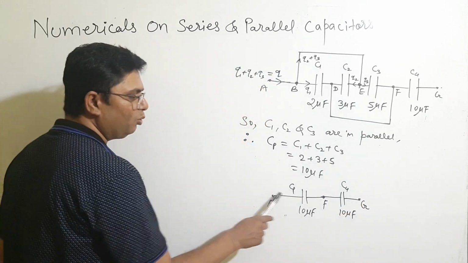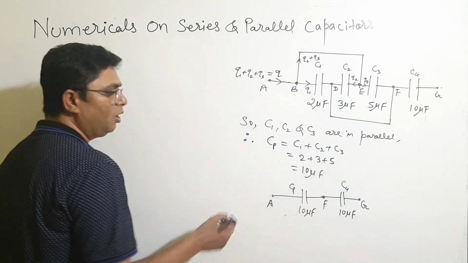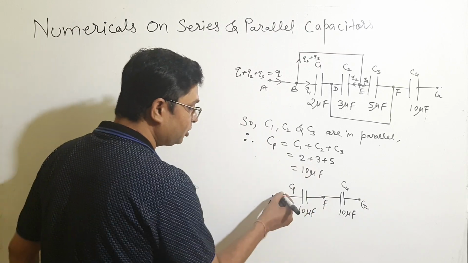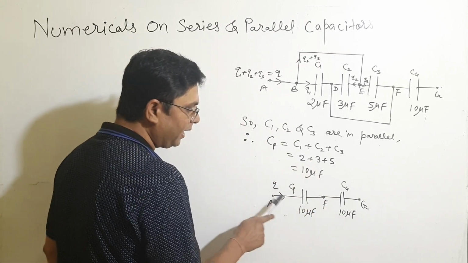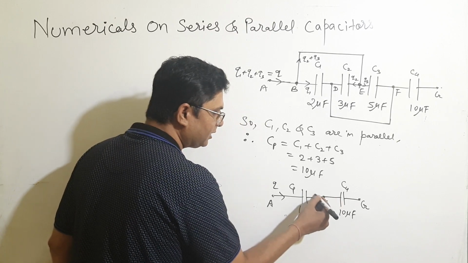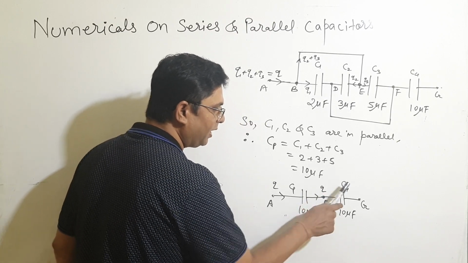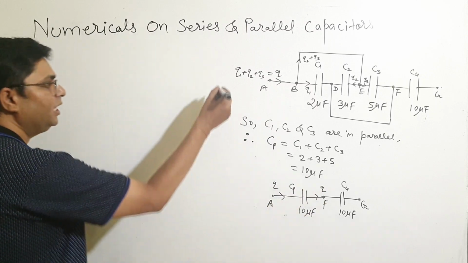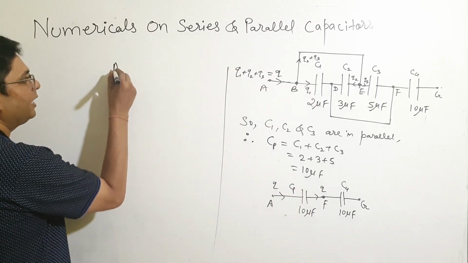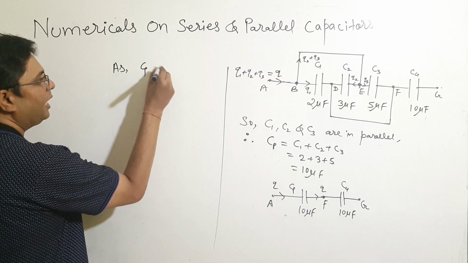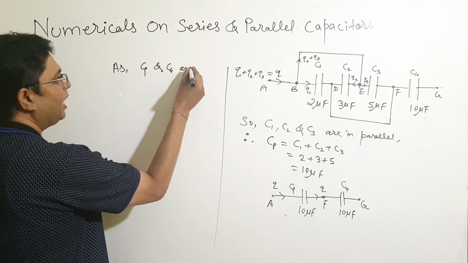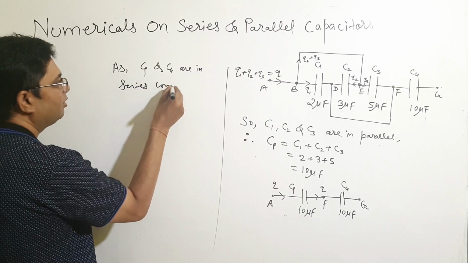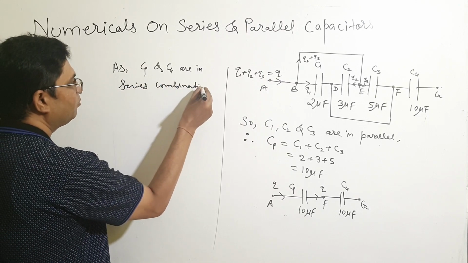Now from A to G there are two capacitors of 10 microfarad each, and the charge Q is received by Cp and the same charge Q will also be received by C4. This means that Cp and C4 are in series combination.